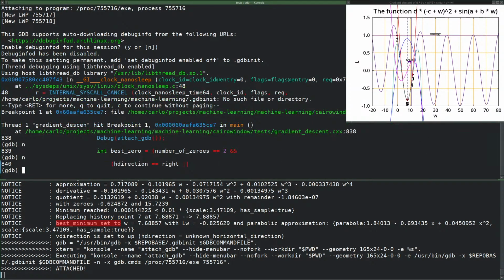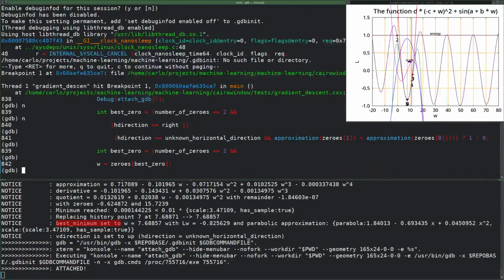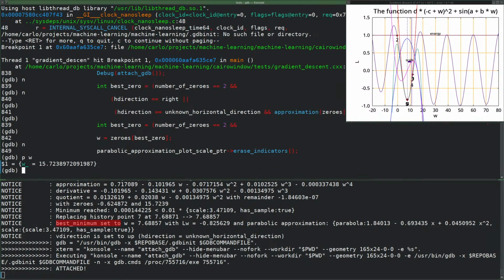So next. W, that's 15.7, that's here. And now we erase indicators, really? At this point, before 8 even exists. Well, okay. As long as I forget 7.